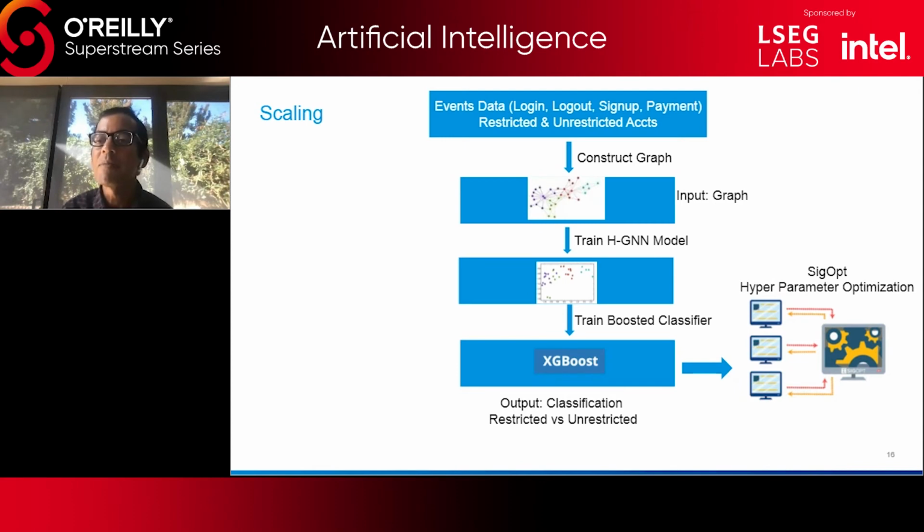One of the fundamental things I want to add here is that this is where we are closely partnered with Intel SigOpt to do extensive hyperparameter optimization. There are two parts I want to emphasize: one is that you want to scale your algorithm, and also you want to produce a model which is analytically performant, right?